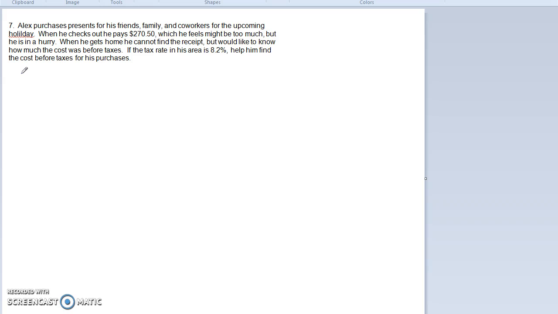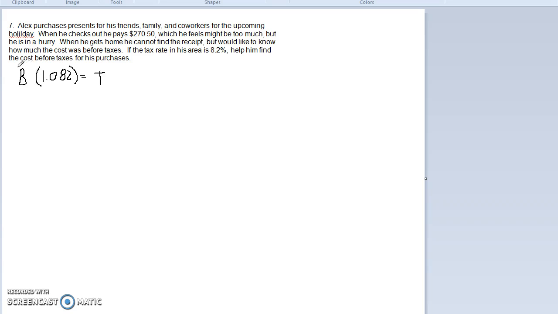And we talked about the other day that if you know the amount before taxes, in this situation, you're going to take that times 1.082. This would be Eduardo's method of finding additional tax. And that would get you the total.